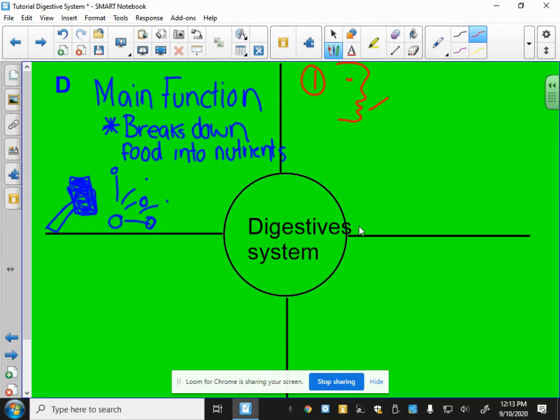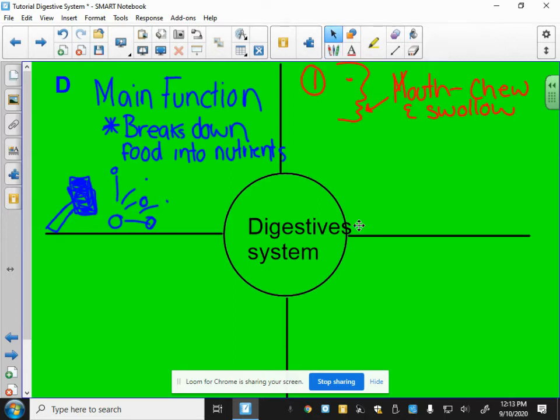The main function of the mouth is the mouth allows us to chew and swallow food. I'm not writing complete sentences, we just need some quick notes.